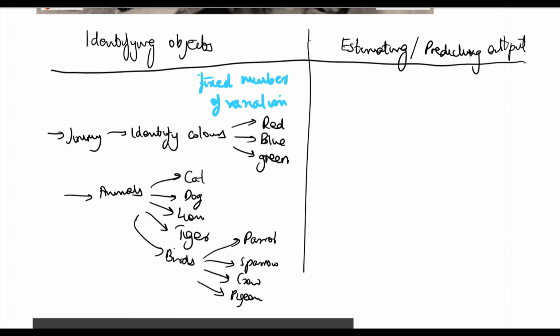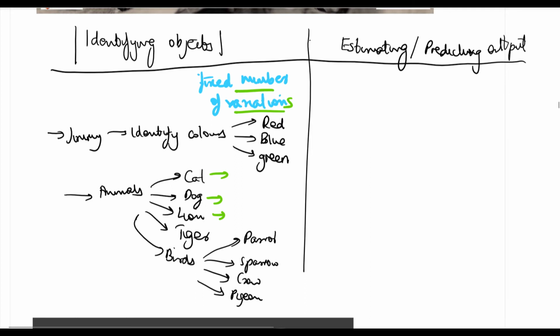So as you can see here, the objects that we can identify are distinct. So whenever you have a distinct number of objects with a fixed number of variations, we classify that as an identification problem, also called classification, where we are classifying whether it's red, blue, or green.